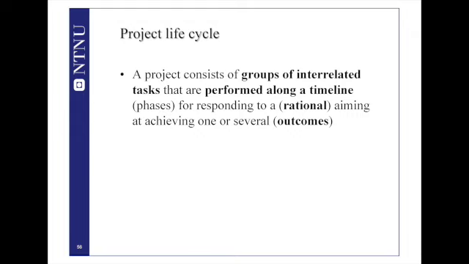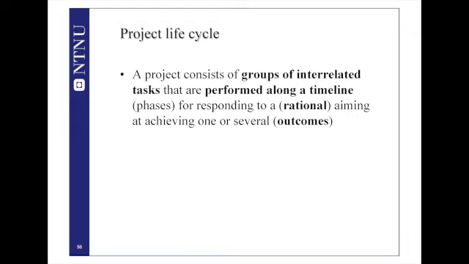So what is the project life cycle? What does that mean? Well, project life cycle simply means that we group interrelated tasks along a timeline. Say this group of tasks can be classified as this, this group of tasks can be classified as that, and we group them and we perform them.